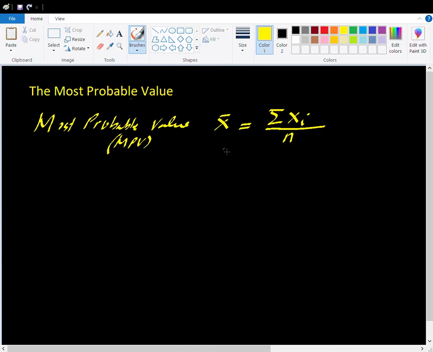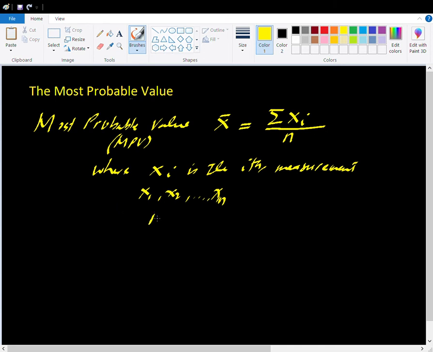Alright? So where xi is the ith measurement. So if there are 10 measurements, we add up the values of x1, x2, and so on and so forth up to x sub n. Okay?